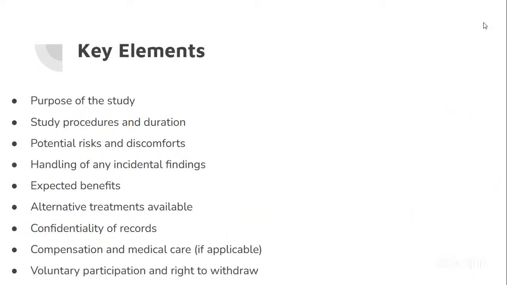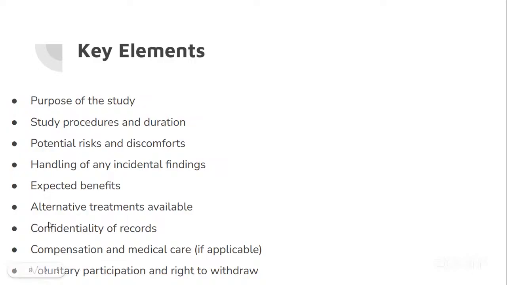So, what are the key elements of the informed consent? The first and the most important thing is to identify the purpose of the study, then the study procedures and durations that need to be mentioned, and potential risks and discomforts. If there's any incidental finding during the research, how would that be handled? That should be told to the participants.